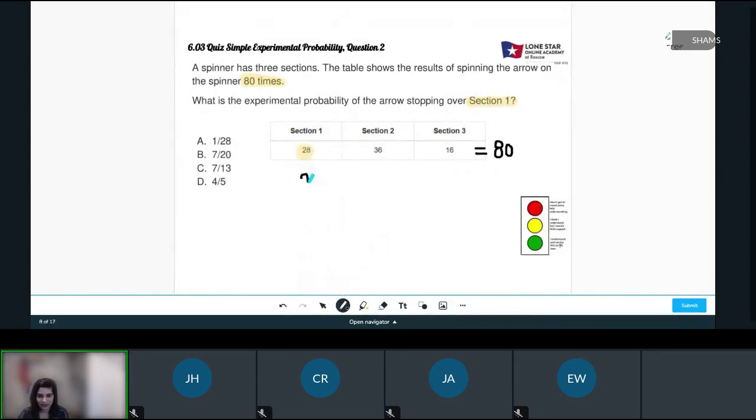So this is how you can express it as a fraction. The spinner stops on section 1 28 times out of 80. Again, simplifying by 4 is working.